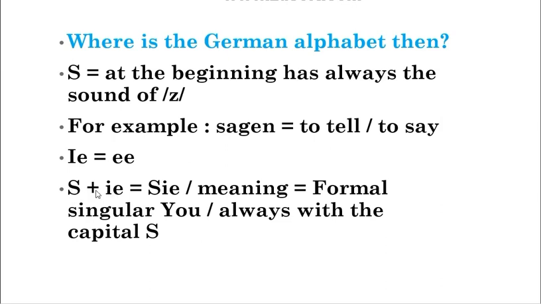So S plus IE is going to be Sie, meaning the formal singular you, always with the capital S. Now you need to understand here, we always use this Sie with the first capitalized letter, and this pronoun is always going to be used with the simple verb in German. For example, wollen. Now we are going to see that in a minute.